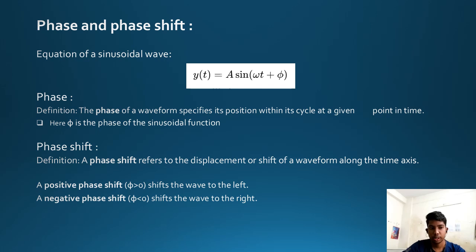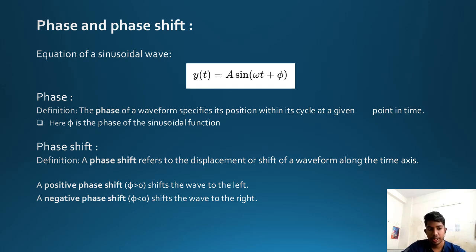These concepts are crucial for understanding wave interference, synchronization, and signal modulation. In the given equation, the phase of a sinusoidal wave refers to the fraction of a wave cycle that has elapsed relative to a reference point. It is measured in radians or degrees. The phase of the above equation is phi.